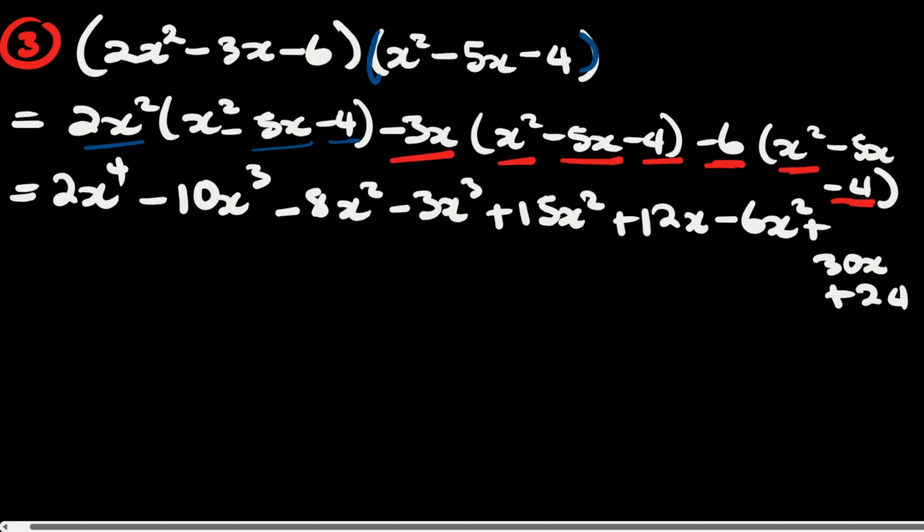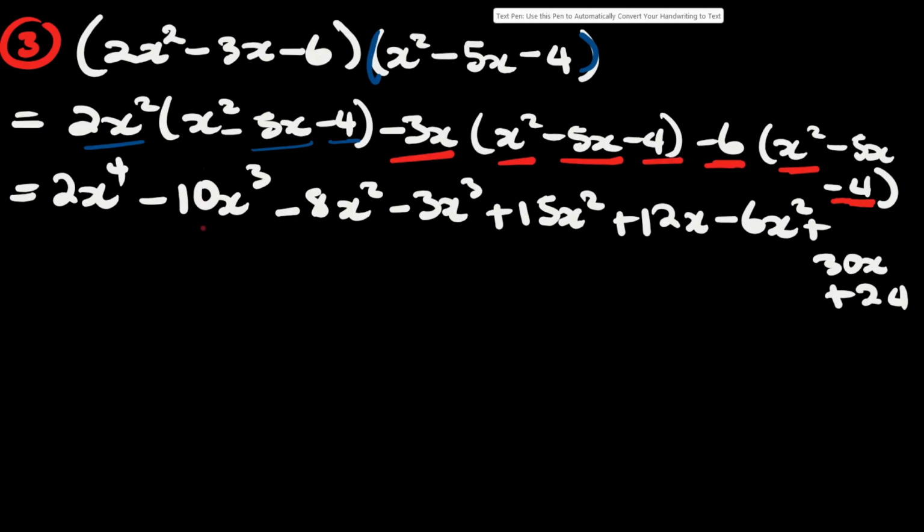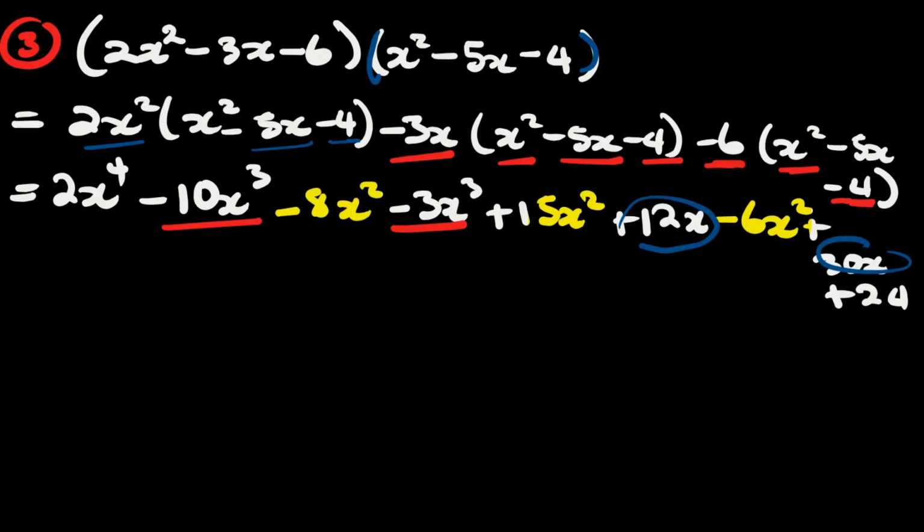So we'll notice this way we have like terms. This is a friend with this, and this is a friend with this, and a friend with this one here, and this one here is a friend with this one here. So let's rewrite them in a rearranged way.